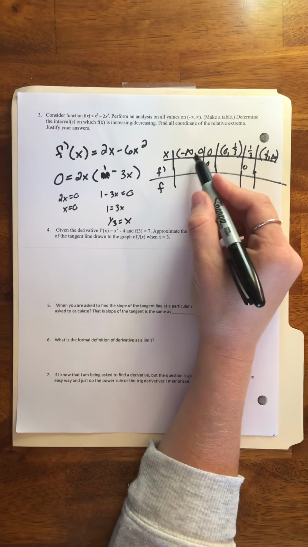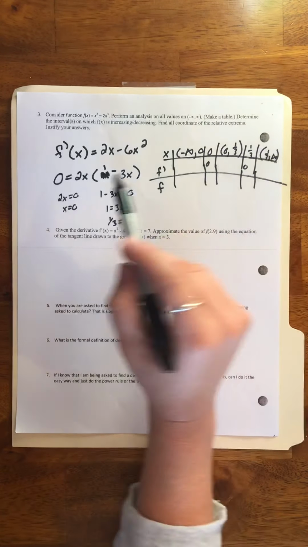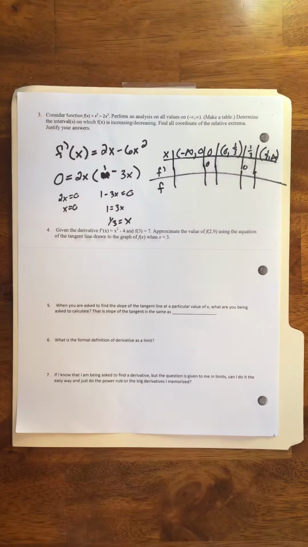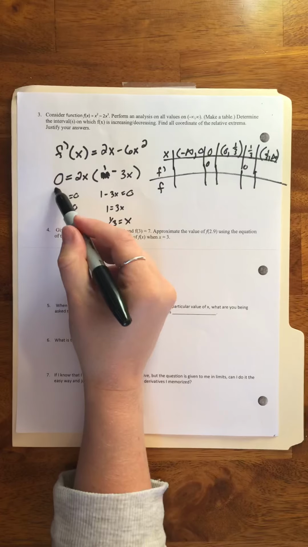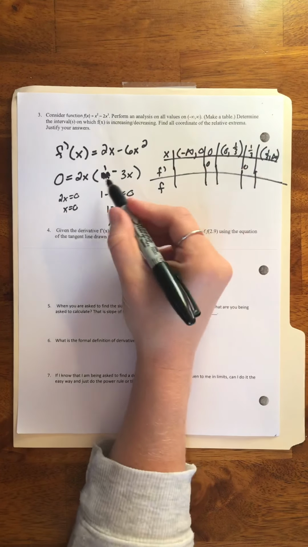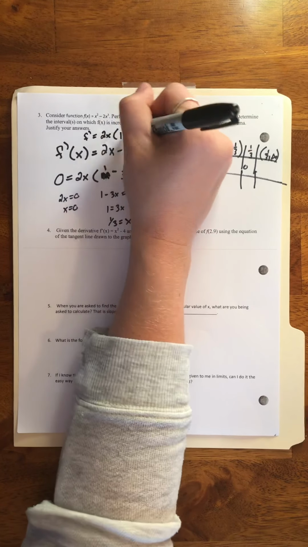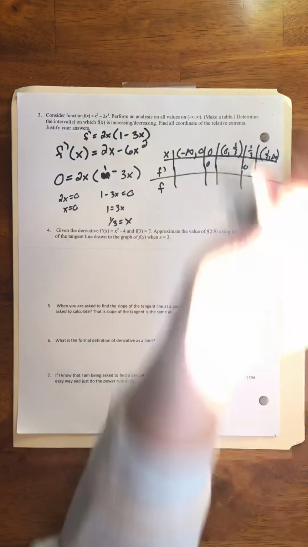Okay, -infinity to 0. I'm going to go back in, and I can put it in this part of f prime. Sometimes I like it in the factored form because I set f prime equal to 0, but I know f prime is equal to 2x times 1 minus 3x.